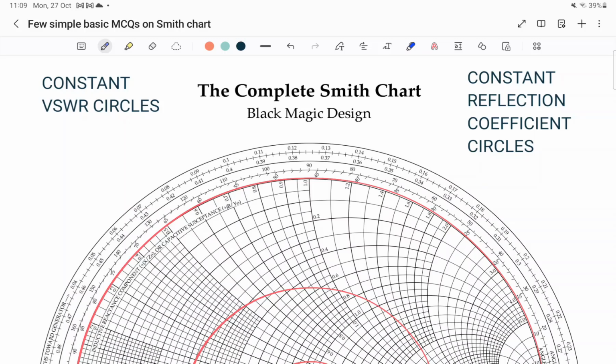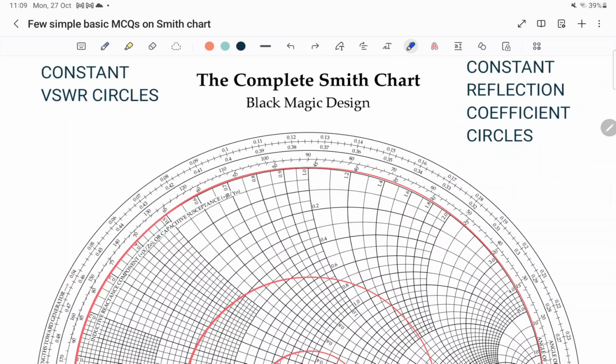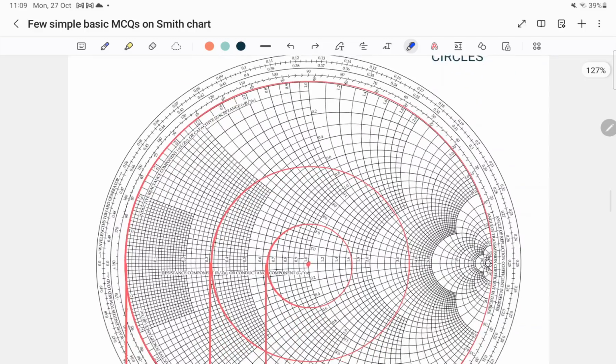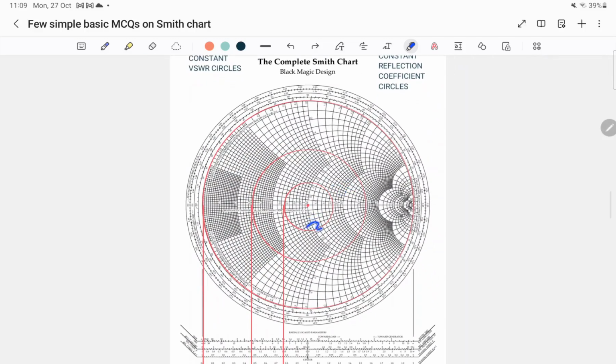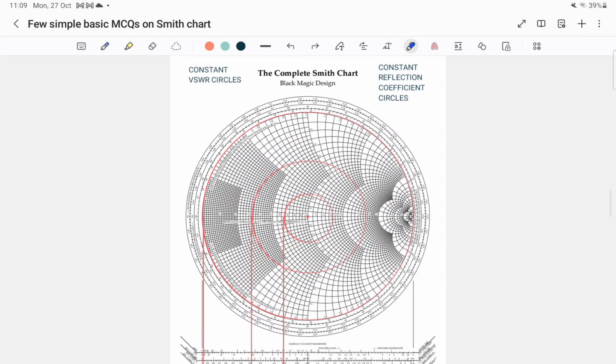The next topic is the constant VSWR circle and constant reflection coefficient circle. In this Smith chart, the circles drawn with respect to the center are either called constant VSWR circles or constant reflection coefficient circles.